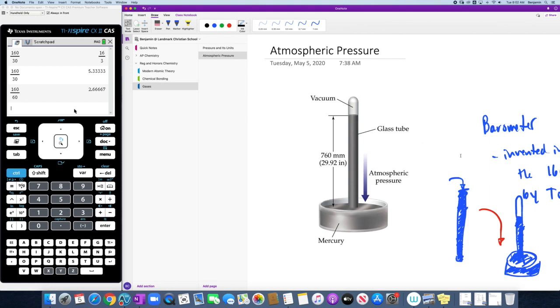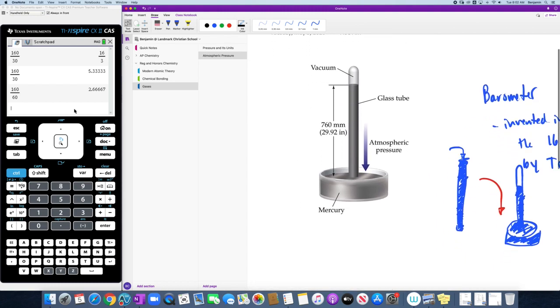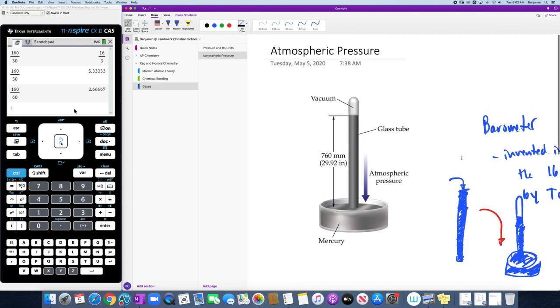I discovered this when I was really young, playing in the bathtub with bathtub toys, little boats and cups. If you fill up a cup and turn it upside down underneath the water and then try to draw it out, you'll see that the water doesn't drain out of the cup. So this is something that you can try at home.